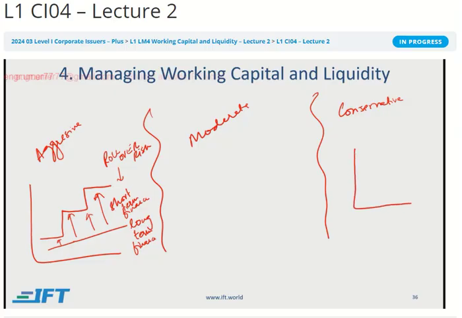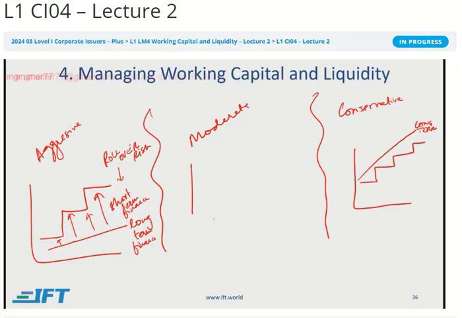Compared to that, a conservative approach would be that you have long-term finance more than your requirement, and therefore you're not having any rollover risk, because you, let's say, arranged a 10-year or 15-year or 20-year loan which is more than your requirement. So you're playing it safe over here.